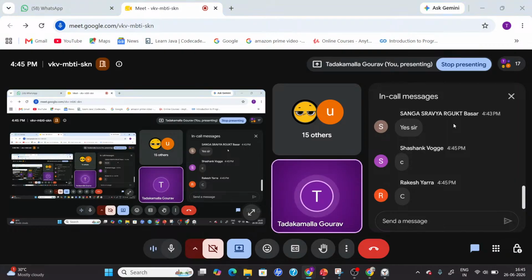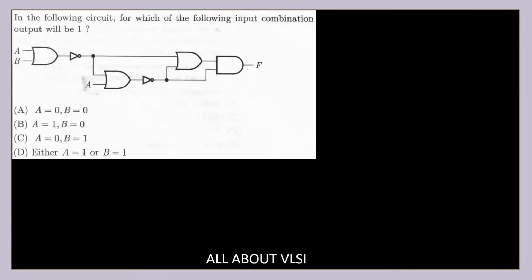Option C. Okay. So let's see how to solve this particular question. Others also please try to answer it.